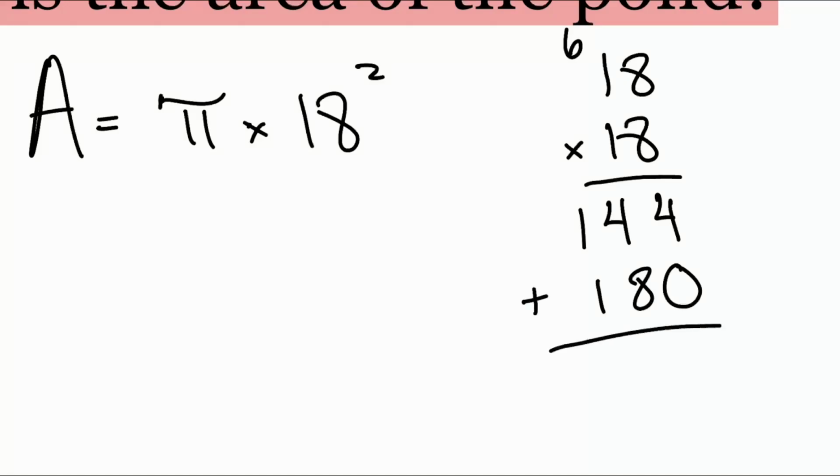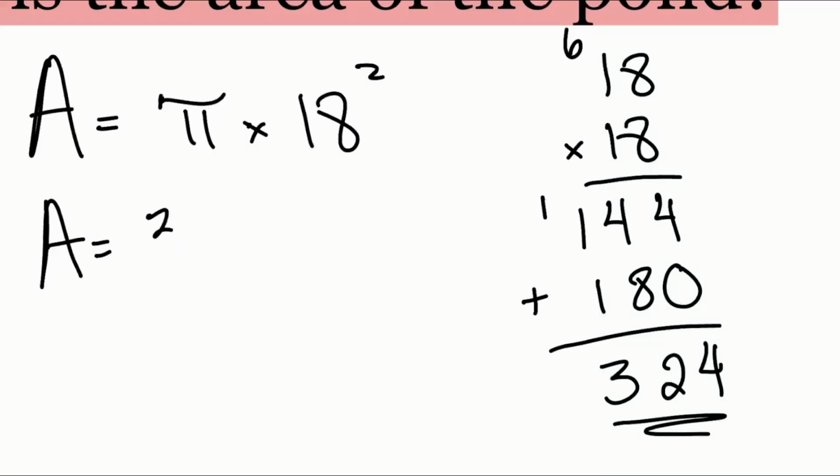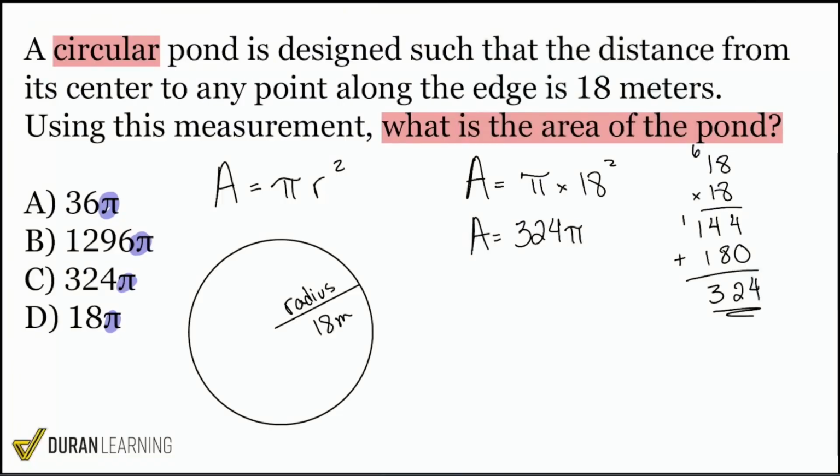Add everything together, and we get 412, carry the 1. 1 plus 1 plus 1 is 3. So therefore, my area is going to be 324 pi square units. And there we go, my party people. That's how we get the final answer here of C, 324 pi.